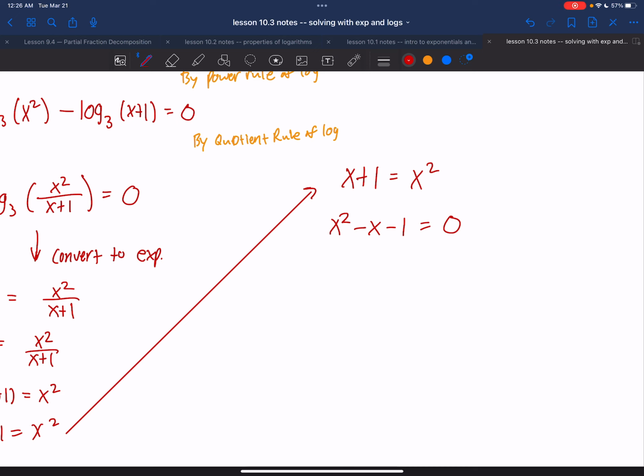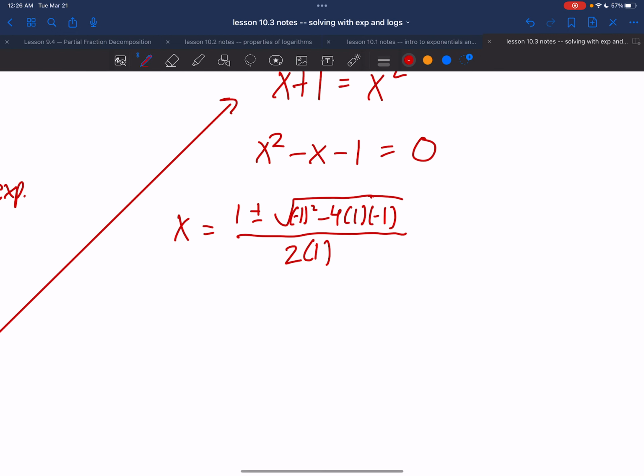So how could you solve it? x equals negative b plus or minus the square root of b squared, negative 1 squared, minus 4ac all over 2a. Oh, yeah. If you can't factor, use quadratic formula, right?